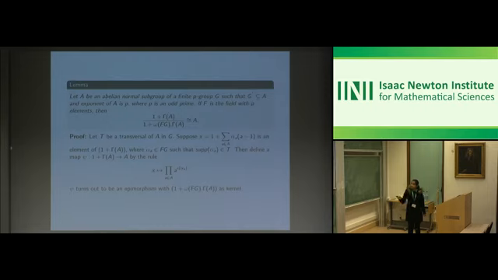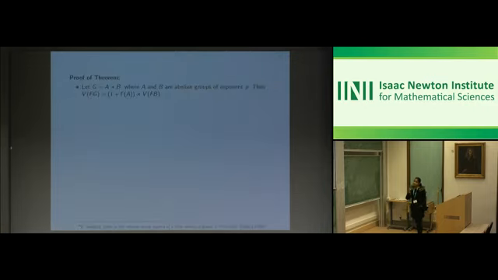We prove this making use of this map, which is from 1 plus gamma A to A. It takes any element x in 1 plus gamma A to this. A is mapped to the augmentation of its coefficient. Okay, so this map turns out to be an epimorphism with this normal subgroup of 1 plus gamma A as its kernel. So, this lemma actually helps us to prove the main theorem.